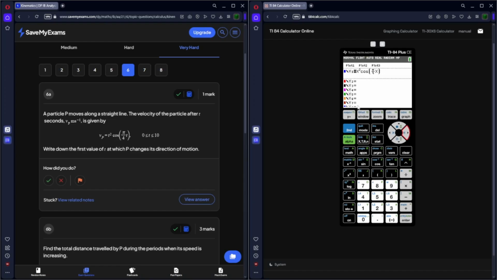Before you graph it, because some equations take a good chunk of time to graph, you want to set your window first. For this problem, it already gives us a window, 0 to 10 for x. For y it usually doesn't give you anything, but you can tinker around with it. Try going high and then go lower.